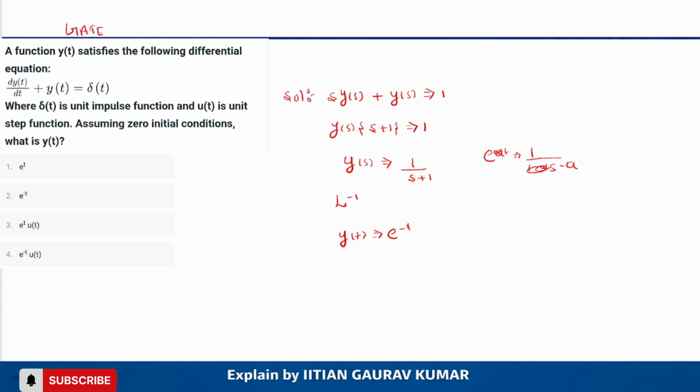So similarly, 1 by (s plus 1) gives e to the power minus t as the answer. And with zero initial condition, and u of t being the unit step function, the answer is e to the power minus t into u of t. So option 4 is the right answer to this question.